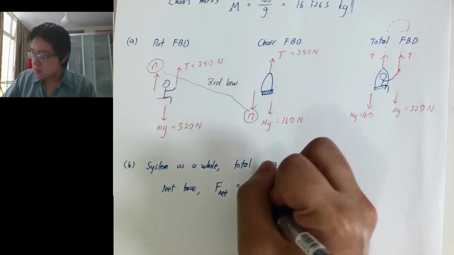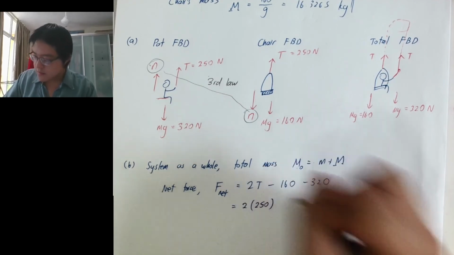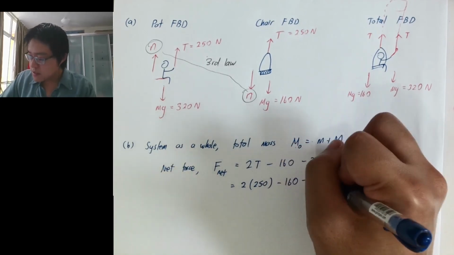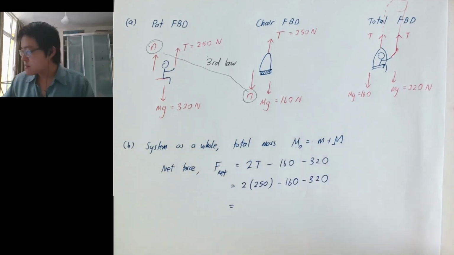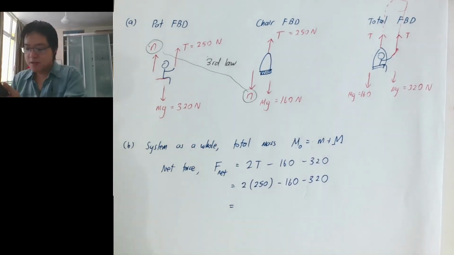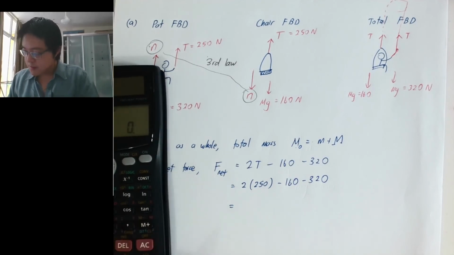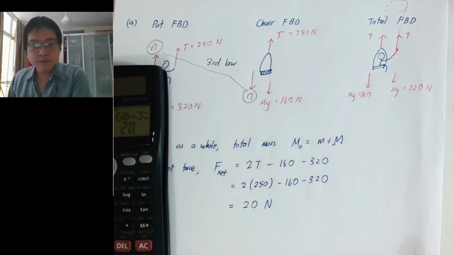This number is 250 newtons each, minus 160 minus 320. So this is a positive number, right? I did not calculate this, so let me do it now. This force is 250 minus 160 minus 320. So this net force is 20 newtons. It is a positive number.